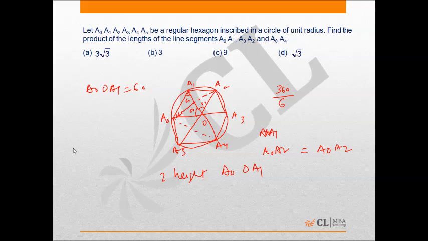So first of all, find the length of A1A0. From the figure it can be noted that A1A0 will be equal to A0O or A1O, as A0OA1 is an equilateral triangle.